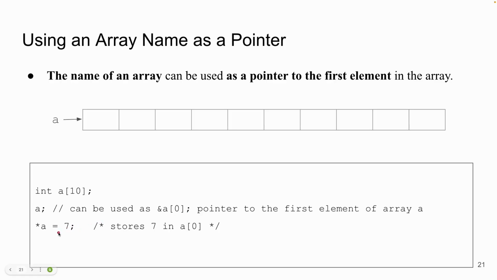That is why, if we apply the indirection operator to A, and then assign 7 to it, what this expression does is store 7 into A0, because A points to A0.